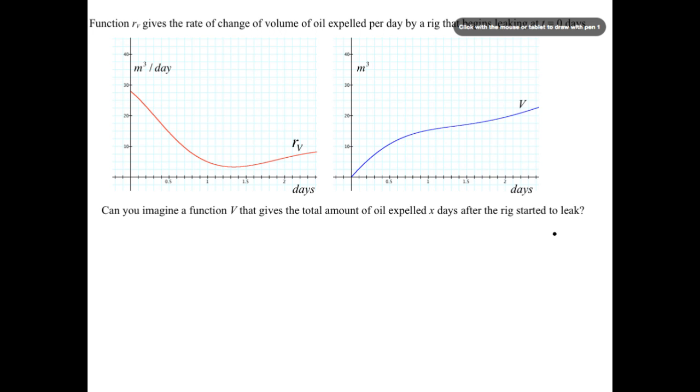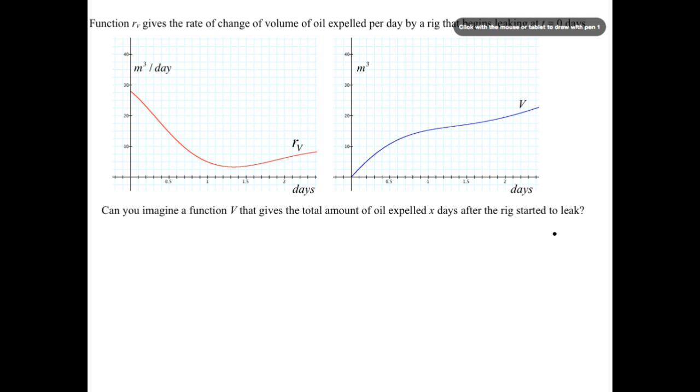Okay, so that was just a sketch to get an idea of where we're headed. We want to actually build the function v exactly. That's our goal. If we knew exactly what r sub v was, could we create that function v exactly? Again, if you know how fast something is changing, you want to know how much of it you have.